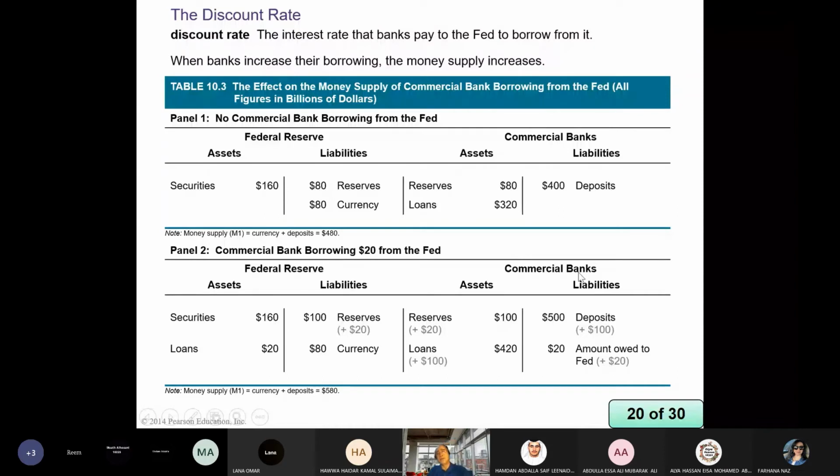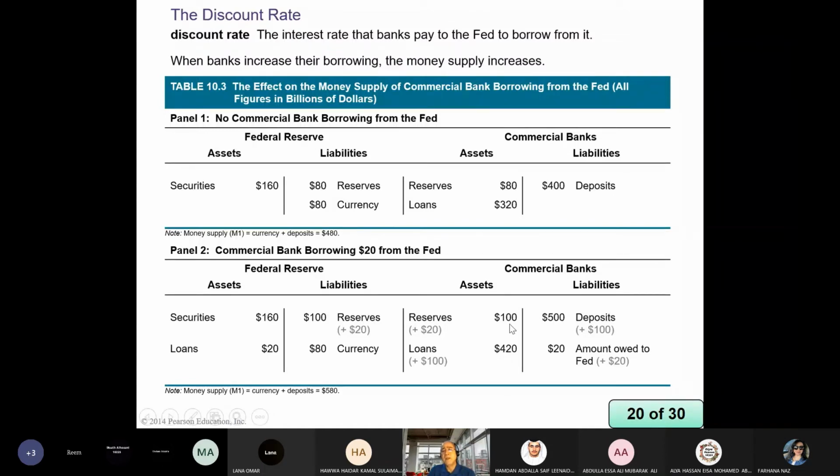Let's go to commercial banks. Since I now have a reserve, instead of 80 it becomes 100, because the reserve increased by 20, which is a loan given from the central bank. So I have a reserve of 100. A reserve creates multiple deposits.